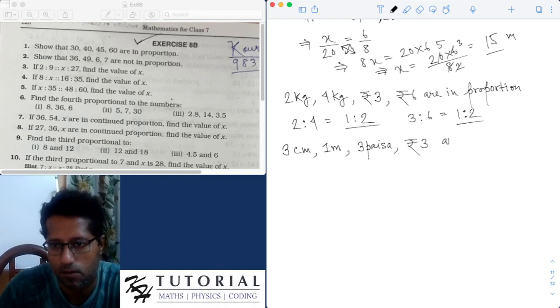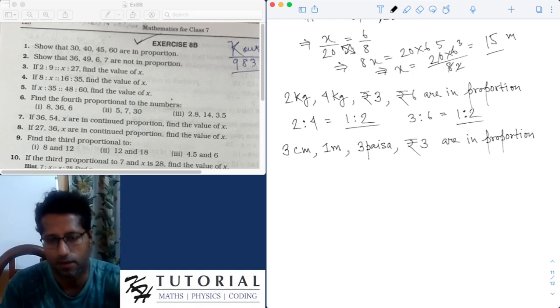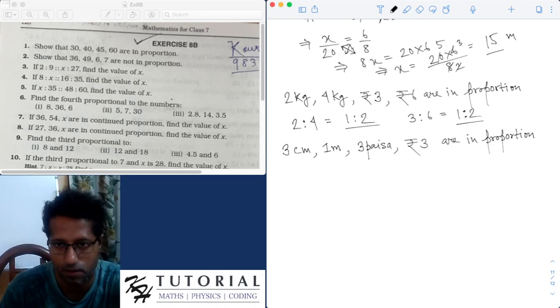They are also in proportion. It is a correct statement if I say that 3 centimeter, 1 meter, 3 paisa, rupees 3 are in proportion.